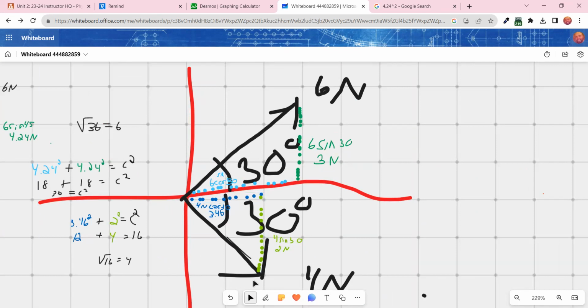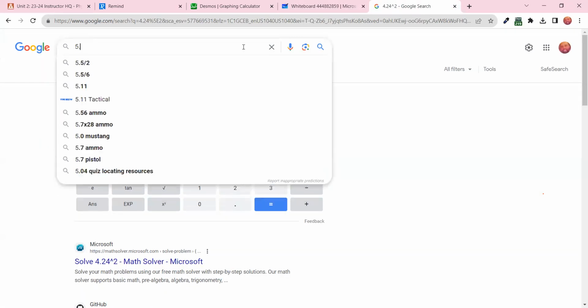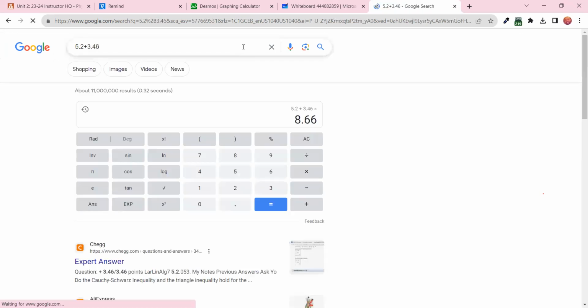So I have 5.2 newtons on my x up here, and I have 3.46 on this x. The sum of my x: 5.2 plus 3.46 is 8.66.